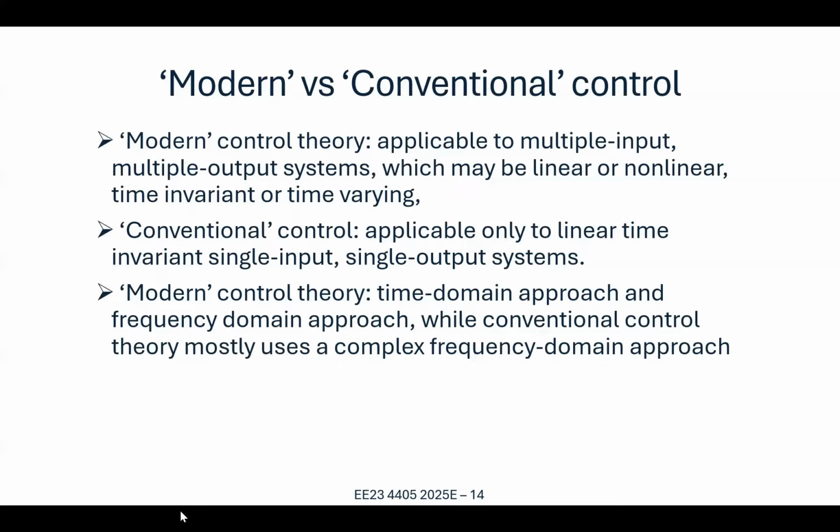So usually for the transfer function, we focus only on LTI, single input and single output systems. And for modern control theory, we use the time domain approach and the frequency domain approach, while conventional control theory mostly uses the complex frequency domain approach, like the one in transfer functions and the related approach there.